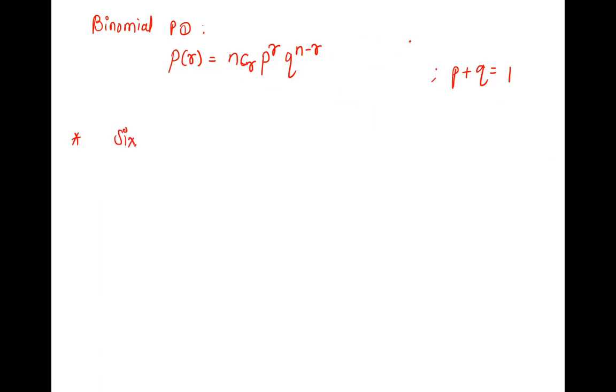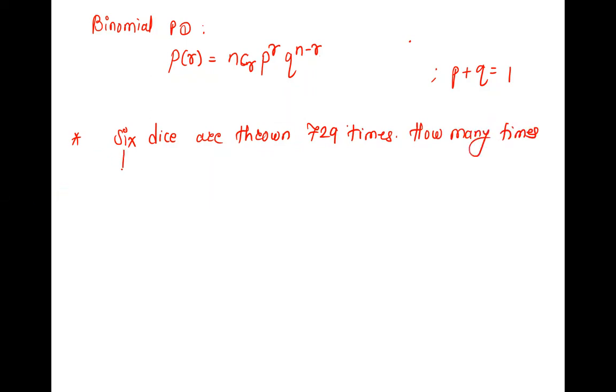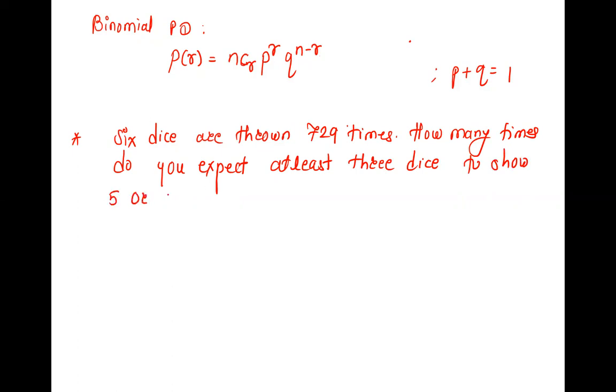6 dice are thrown. You know dice? How many faces does the die have? 6, correct. 6 dice are thrown 729 times.